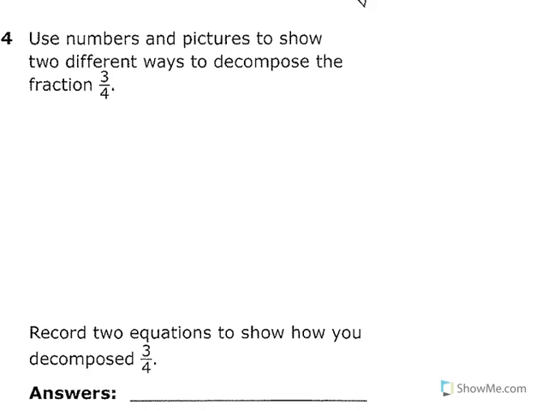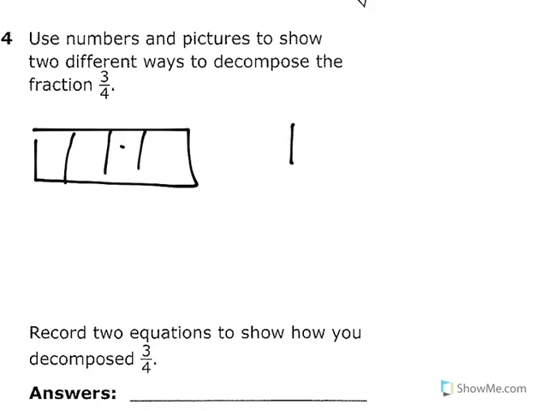Question number 4. Use numbers and pictures to show 2 different ways to decompose the fraction 3/4. So I'll go ahead and draw a picture here. Okay, that's fourths there. I'll do another picture here. And that's fourths there.